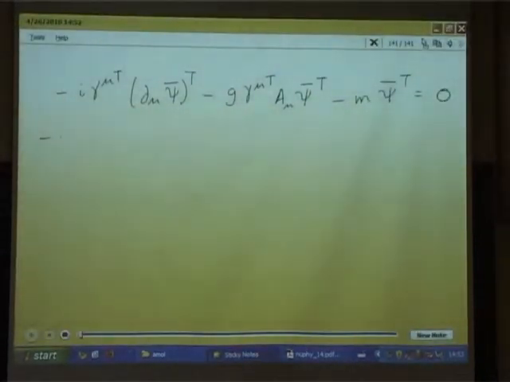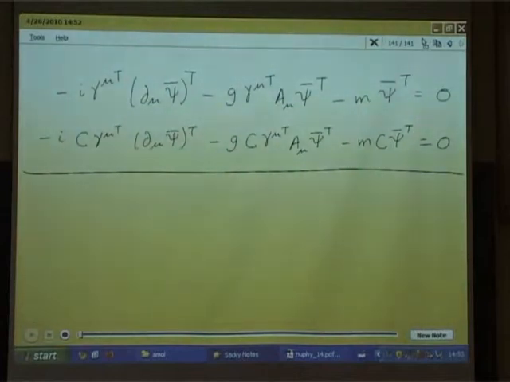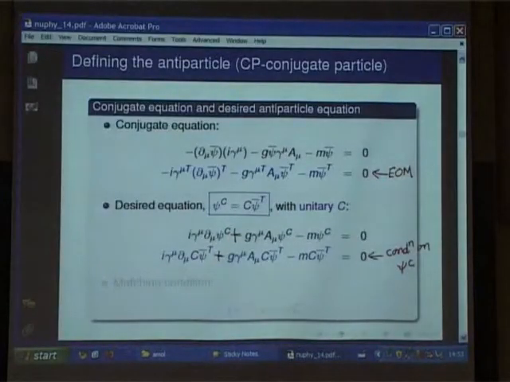So this becomes minus i C gamma mu transpose of del mu psi bar transpose minus G C gamma mu transpose A mu psi bar transpose minus m C psi bar transpose. This is what I got from my Lagrangian. Now I just copy down whatever I had here.